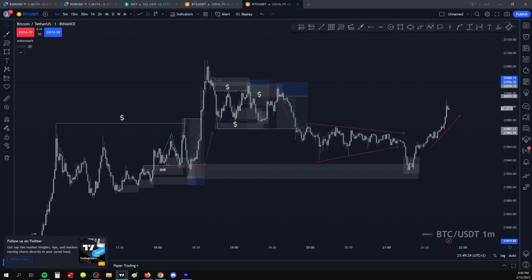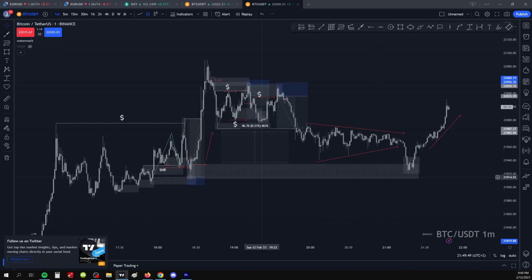Okay, so this is a lot of free space. We cannot just come down and take it because there is no liquidity here. There is no stops. So that's why this happened.